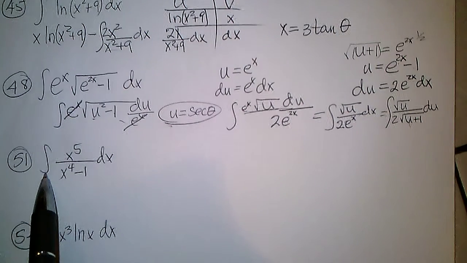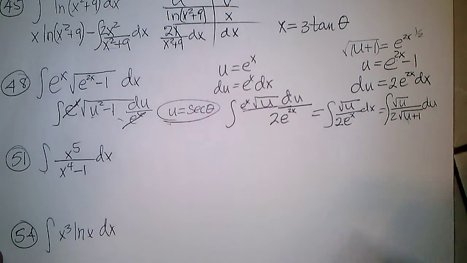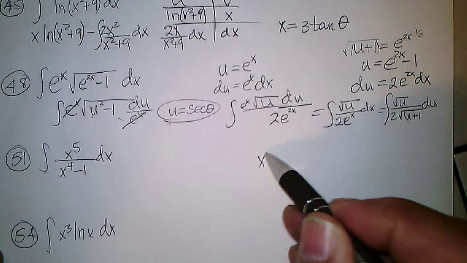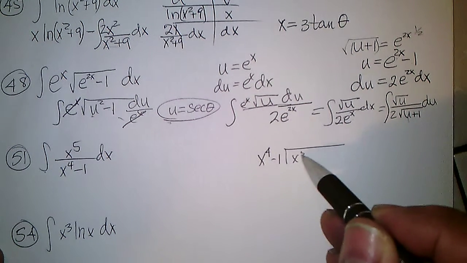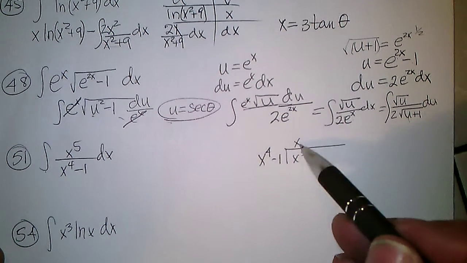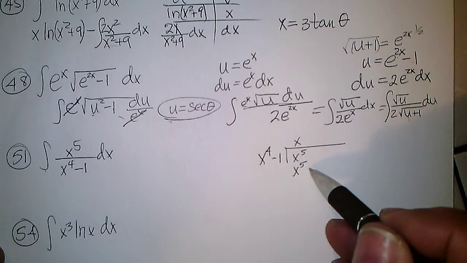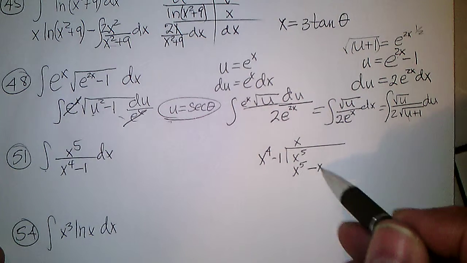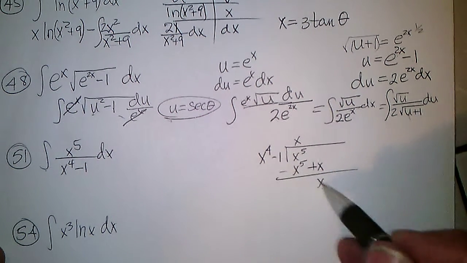Number 51. The power is higher than this, so I think I'd do long division. x to the 4th minus 1 into x to the 5th. That would go in x. x times this would be x to the 5th minus x. Draw the line, change the sign so I can add, and I would have an x.